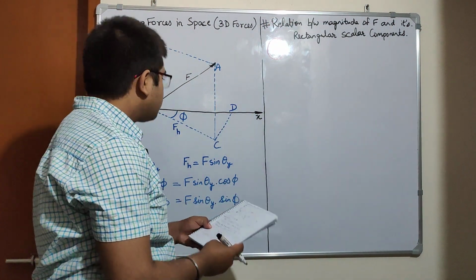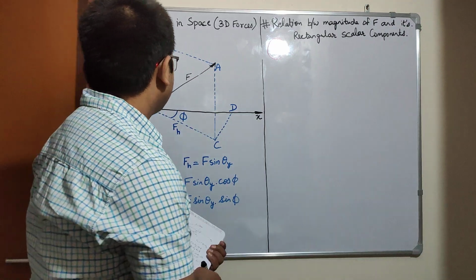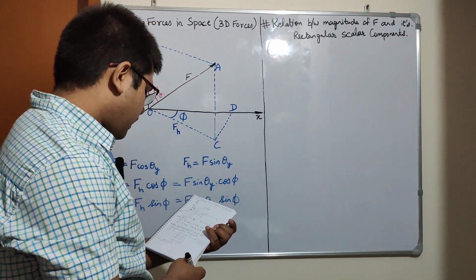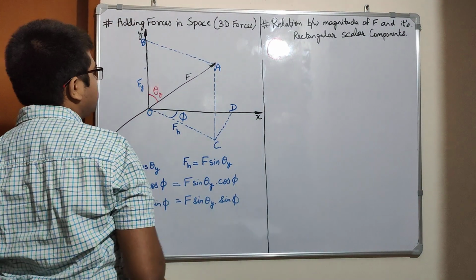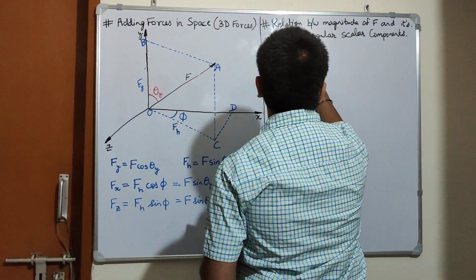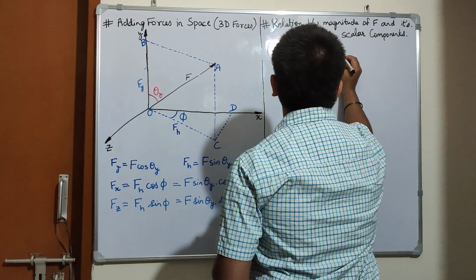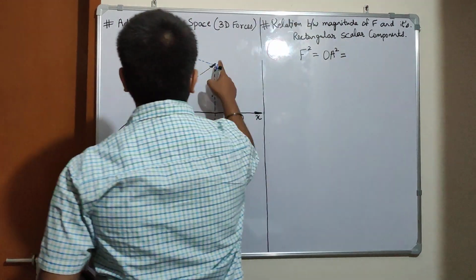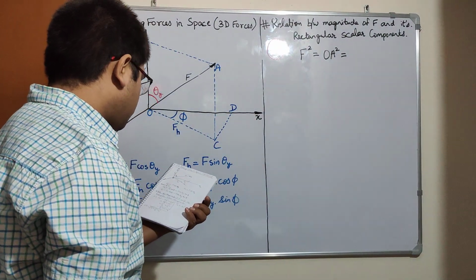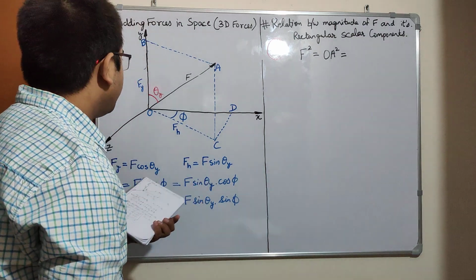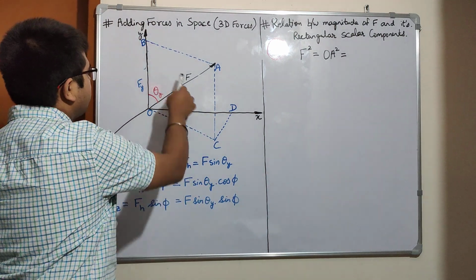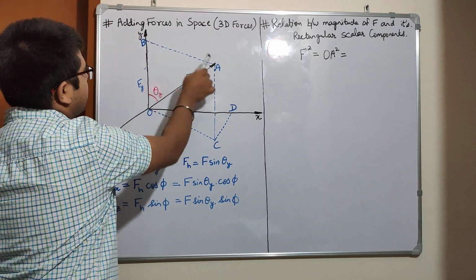Now we know that F is equal to OA, and F square would be equal to OA square, and OA square is equal to OB square plus BA square.